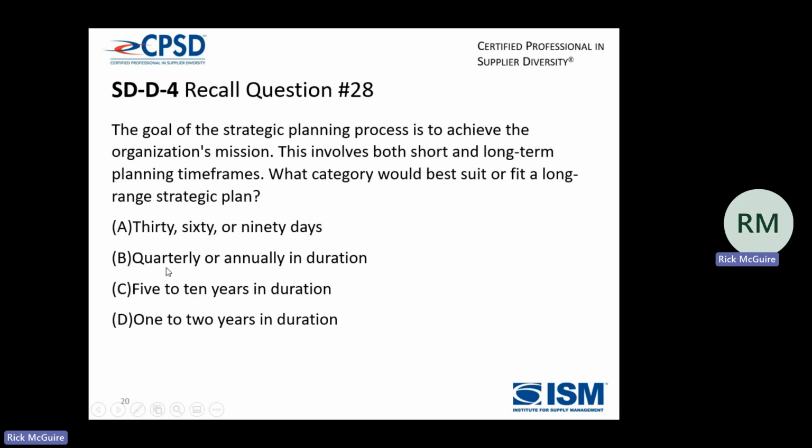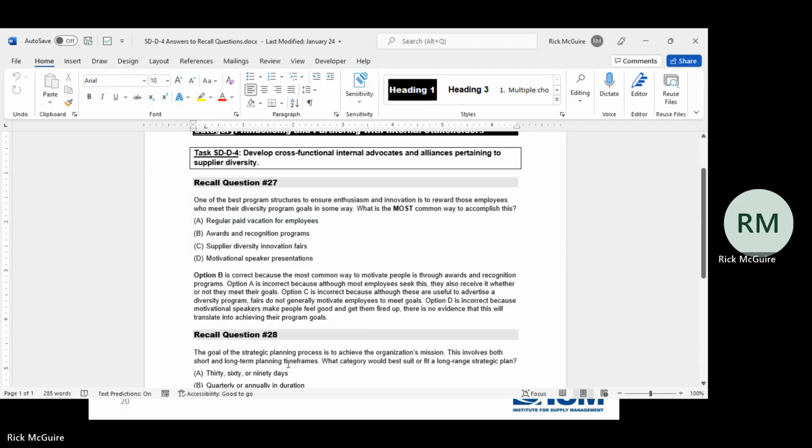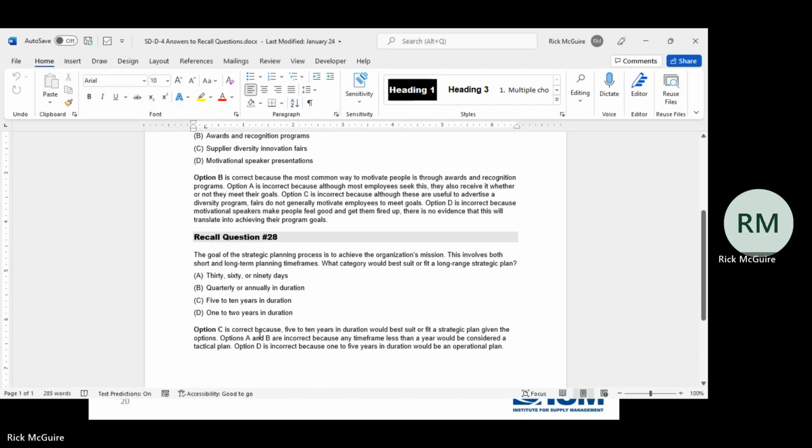No. Quarterly or annually in duration? Still too short. 5 to 10 years in duration? That sounds about right for a strategic plan. 1 to 2 years? That sounds more like an operational plan. See, it is 5 to 10 years.